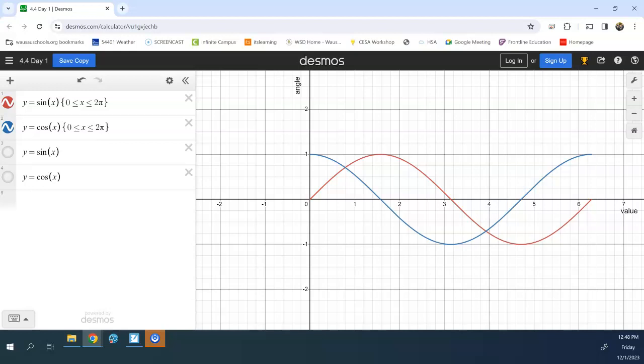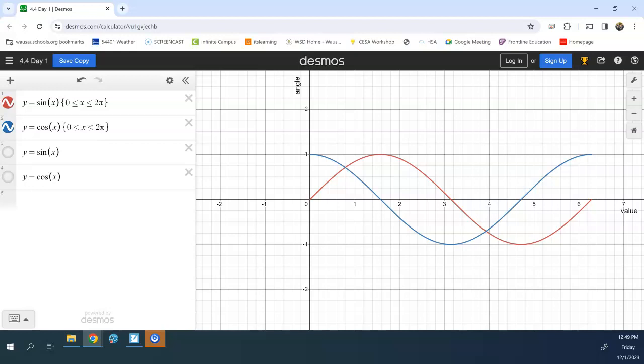So they're the same curve, right? Since we started with sine, we'll start with sine. Okay? What is different about the cosine curve? They start vertically in one? Yeah. Okay? But are they the same curve?